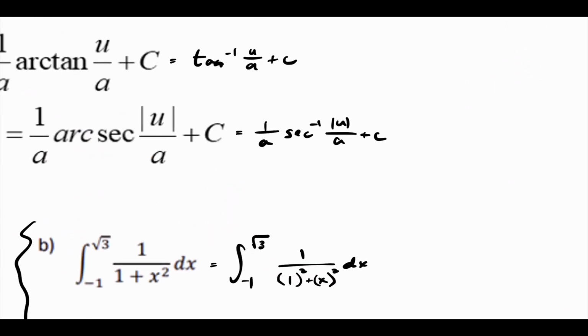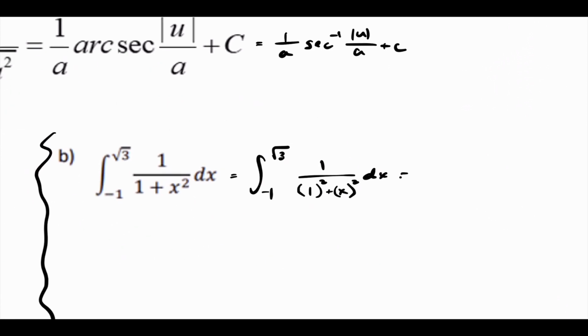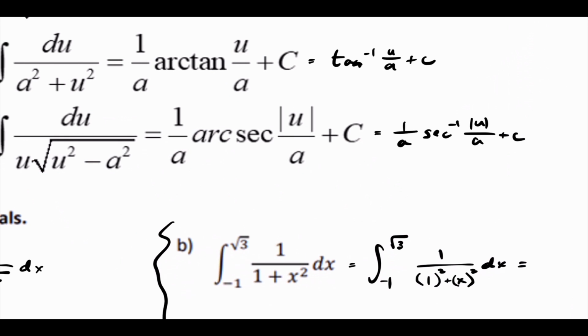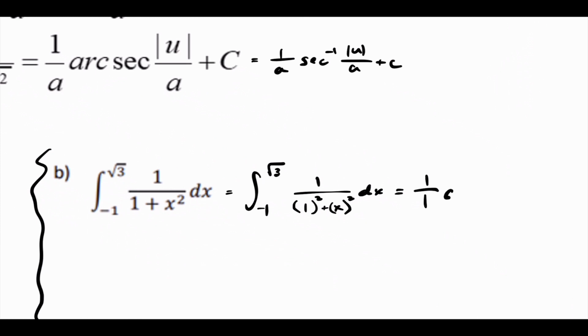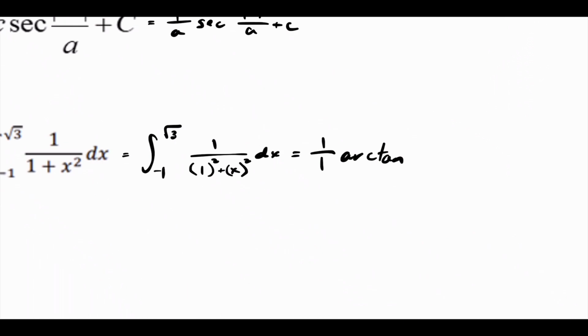So 1 over a. Well, in our case, a is 1, so it'd be 1 over 1. Arctangent U over a. Well, u is x, a is 1, so it'd be x over 1.